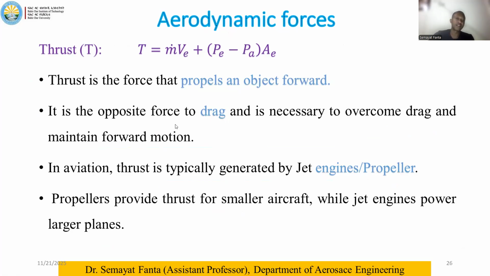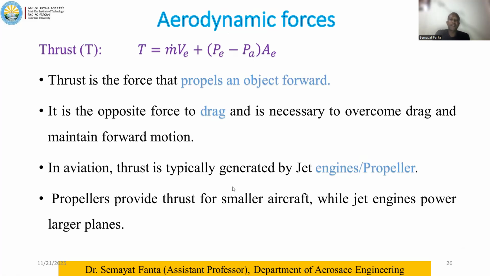Thrust is another force of flight. Thrust is the force that propels an object forward. It is the opposite force to drag and is necessary to overcome drag and maintain forward motion. In aviation, thrust is generated by a jet engine, a propeller, or various propulsive mechanisms.